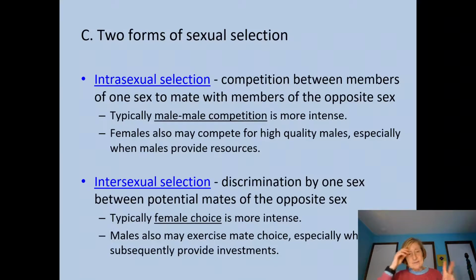And we usually see male-male competition is more intense than female-female competition. Because again, most of the time females are the limiting resource. Males aren't choosy, they need to mate with as many females as possible. So there's competition to mate. So we're going to look for traits that enhance males' ability to mate successfully. Okay, those are going to be selected for by intrasexual selection.